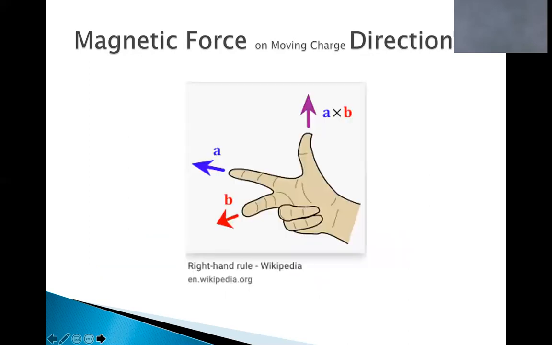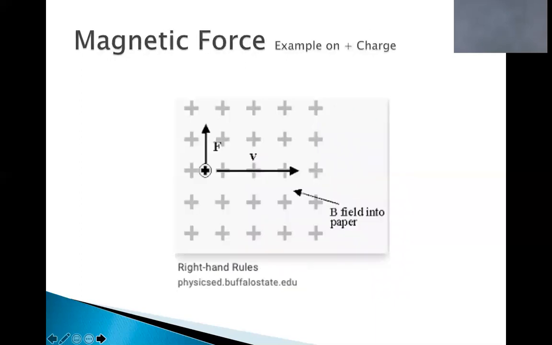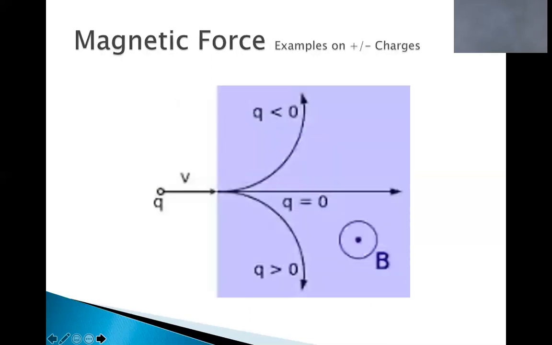And we talked about the magnetic force's direction using the right-hand rule. And here we talked about an example, how to decide the direction of the magnetic force on a moving charge and how to decide the magnetic force on a positive or negative charge.